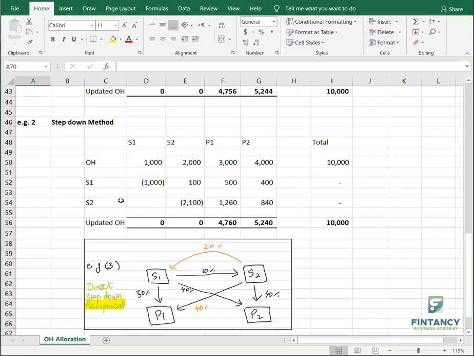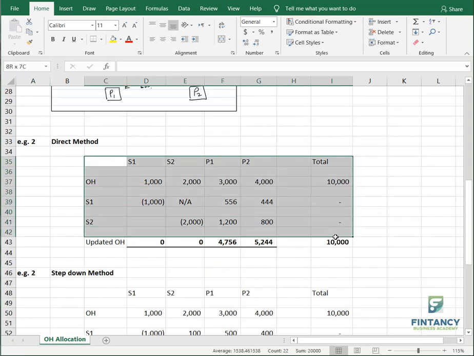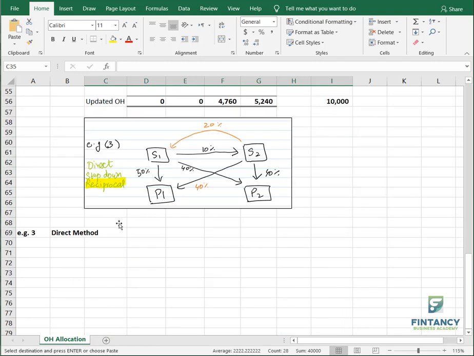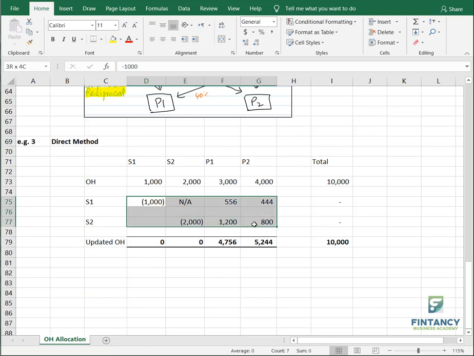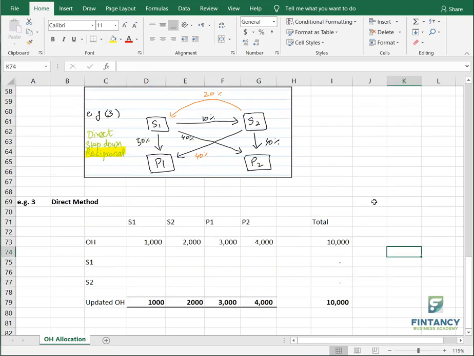Let's see how we can do this. I will just copy paste this. So my friends, if you focus here now, direct method. Okay, direct method. So can anyone tell me in the chat box what we will do here?